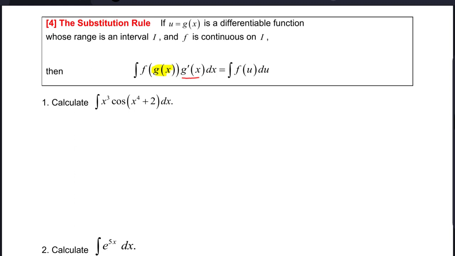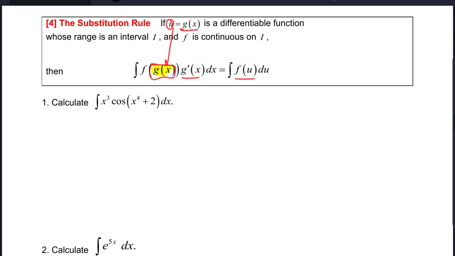We're doing the chain rule backwards in a sense. And it works when we set u equal to g(x). When we do that, we have a u here instead. That becomes f of u. And then there is a chain rule thing going on because we're changing the problem from x's to u's.